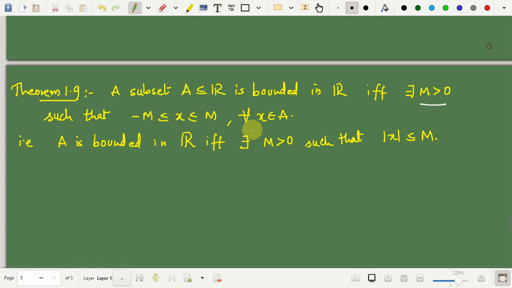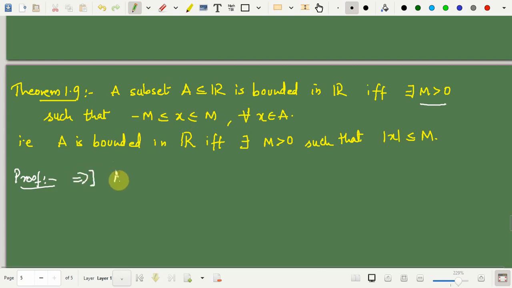So, we would prove this. One part is very simple to prove. If this is true, then definitely A has to be bounded, because you can see that the upper bound is m and the lower bound is minus m. So, that is the converse part. First we would see the direct part.